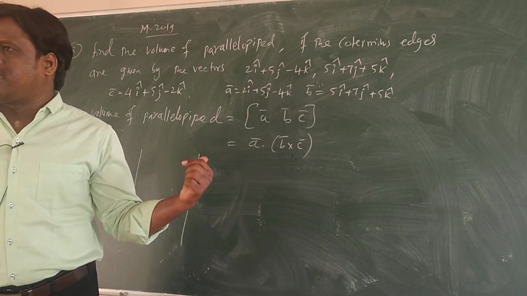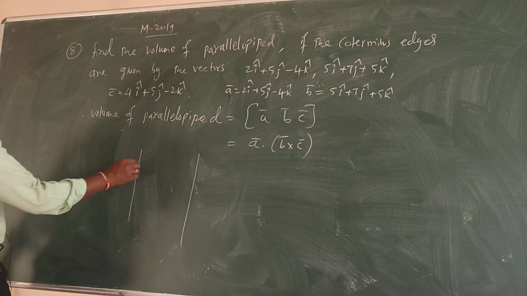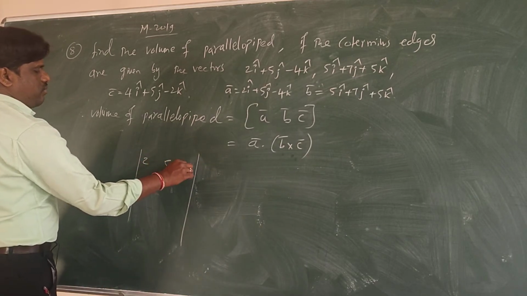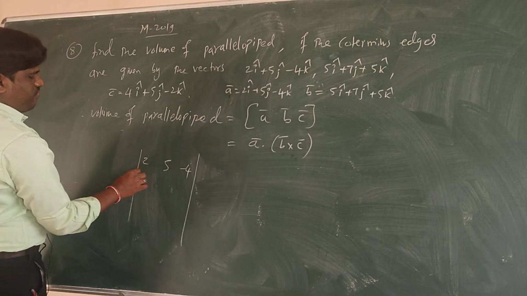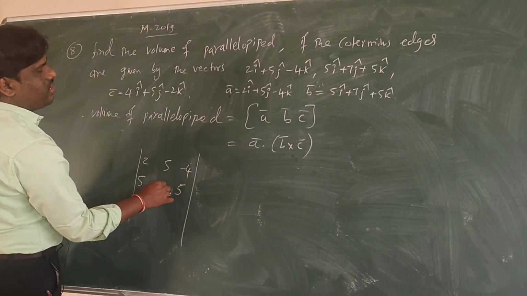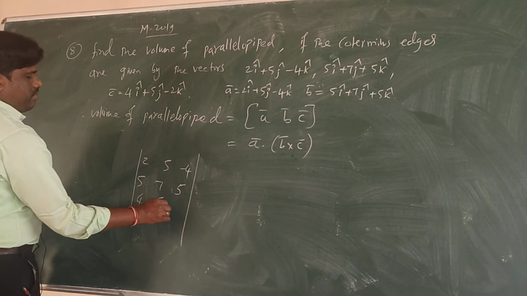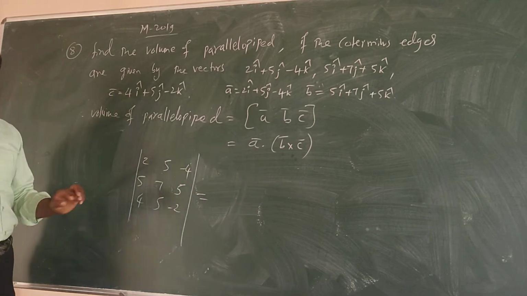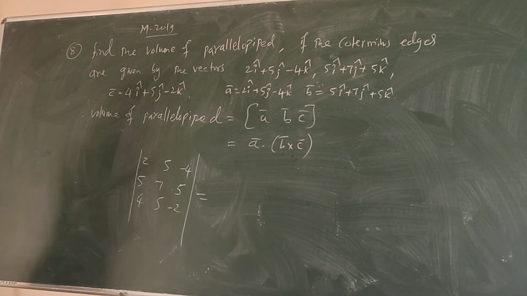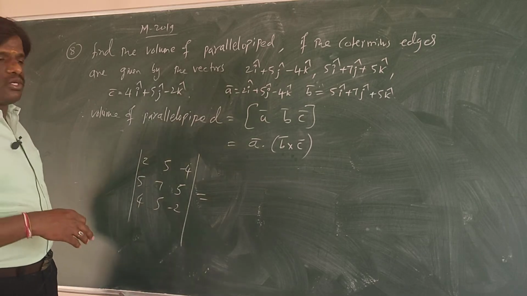Problems will come on this. So what do you do here? 2, 5, minus 4, and you can take here 5, 7, 5 and 4, 5, minus 2. Find the determinant, that is your answer. That is the volume. But volume you should write in cubic units. If you forget to write cubic units, then half a mark will be deducted. So volume he asked, so you have to write cubic units.